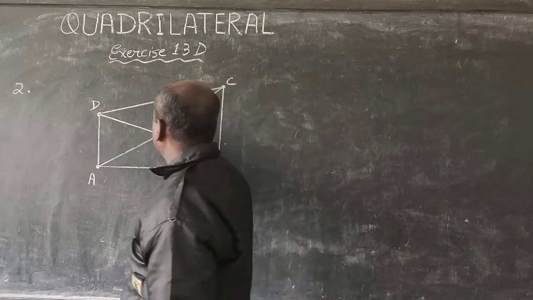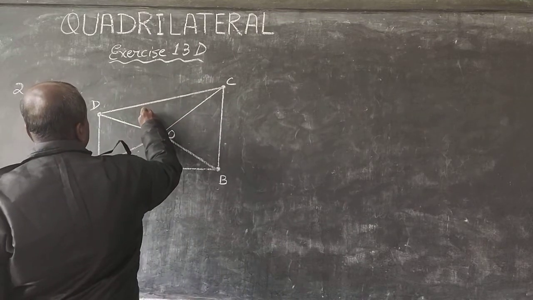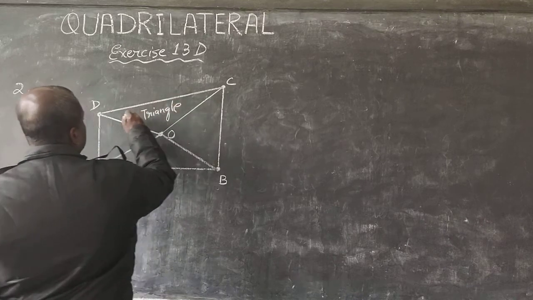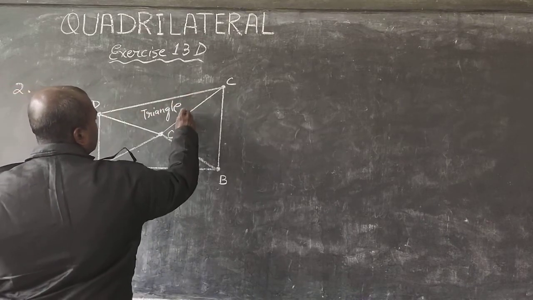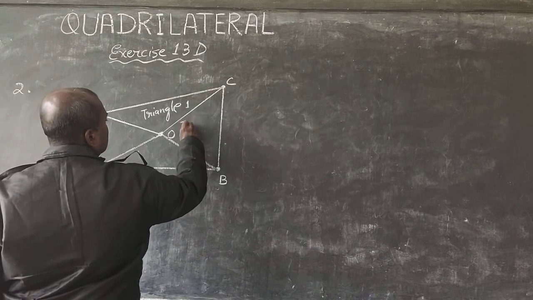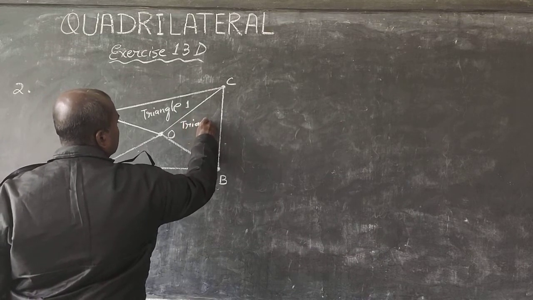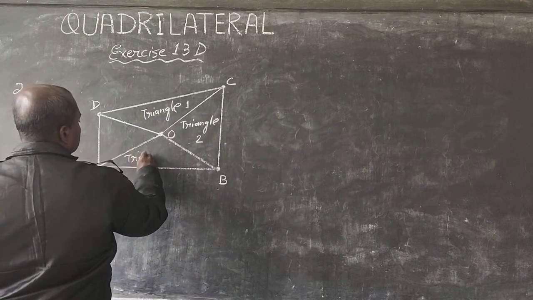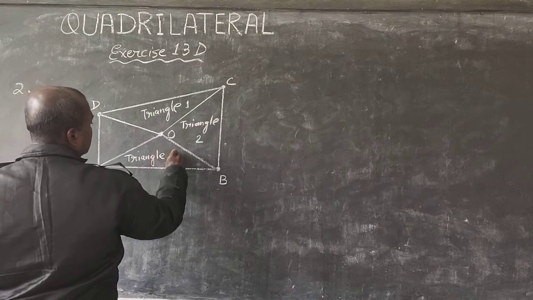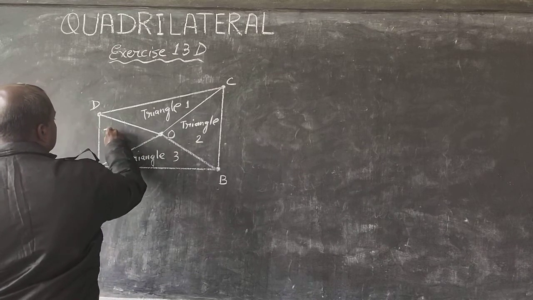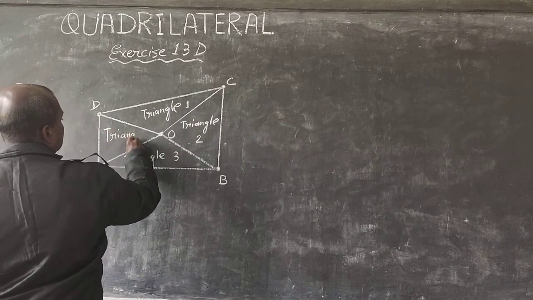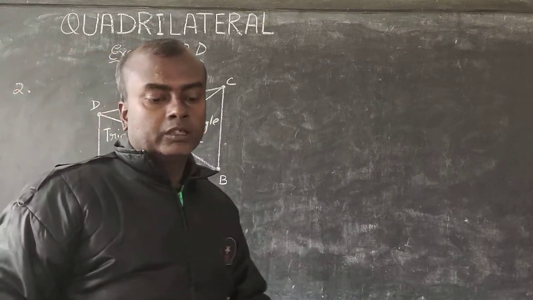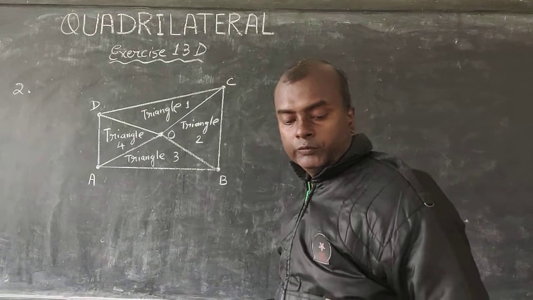What are these four figures? This is one triangle, isn't it? Doesn't it look like a triangle? See, this is one triangle. This is another triangle. This is another triangle. And here is another. So you will write it is divided into four triangles.